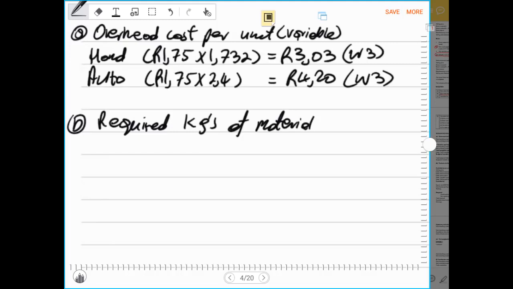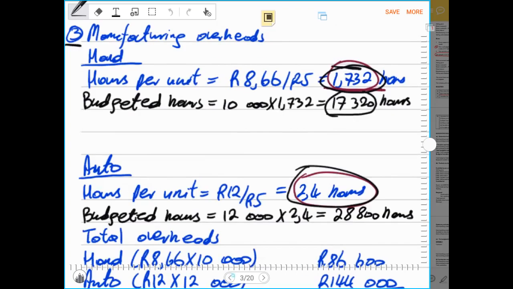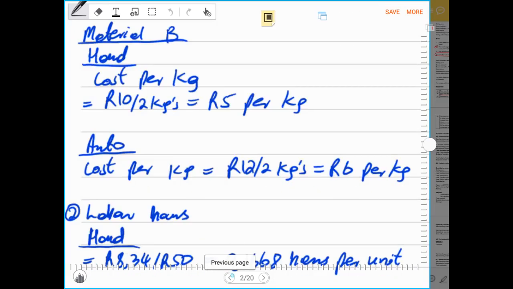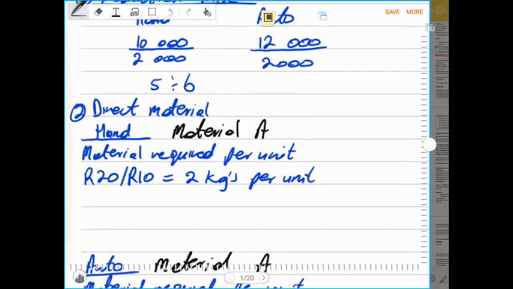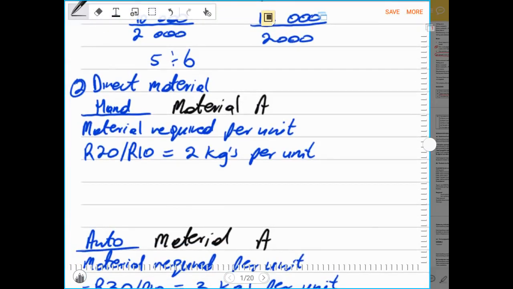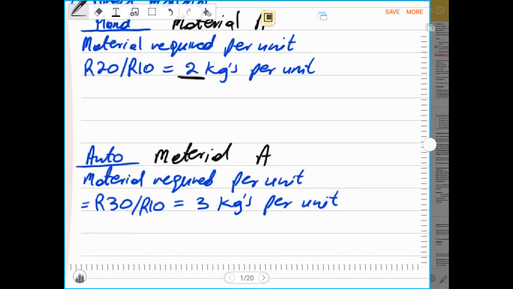Required kgs of material. And now we have two products, which is hand and auto, and we plan to manufacture 10,000 units, times this by kgs per unit. We need to know how many kgs are required per unit. And we know that we had material A, which required 2 kgs per unit, and material B required 3 kgs per unit.